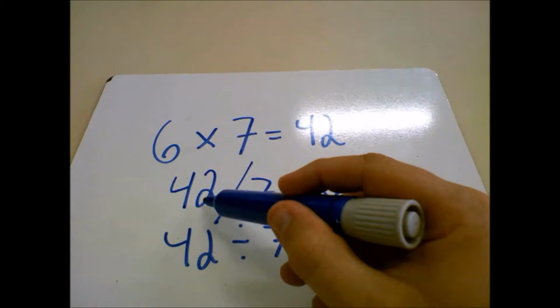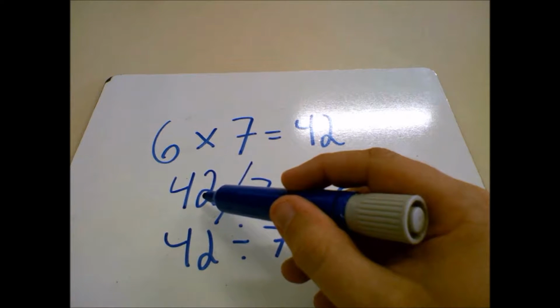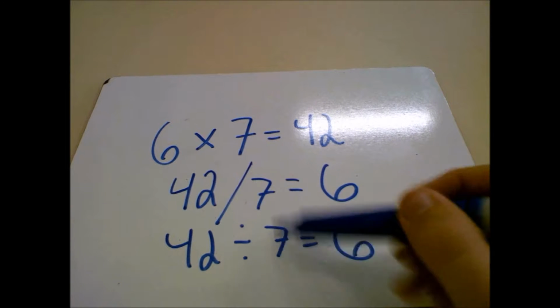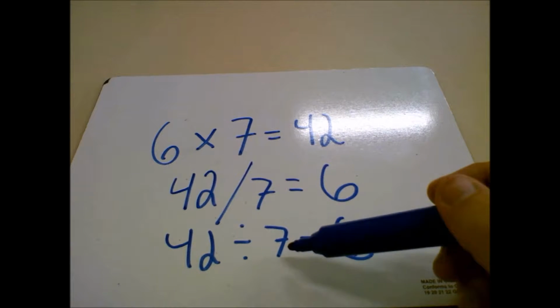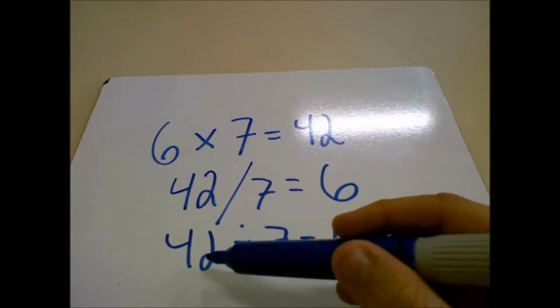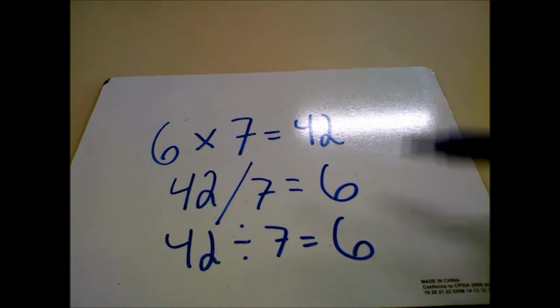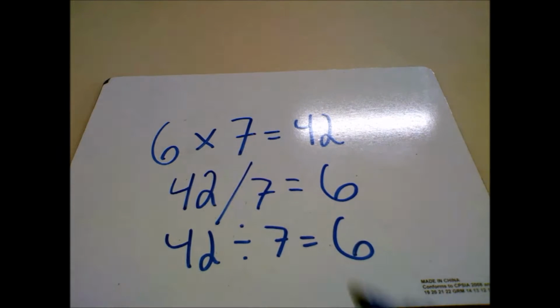That's right, 42. 42 is your dividend because that's what's being divided. Now, which one is your divisor? That's right, 7. 7 would be your divisor because it's what you're dividing your dividend by. And finally, your quotient? Your quotient would be 6.